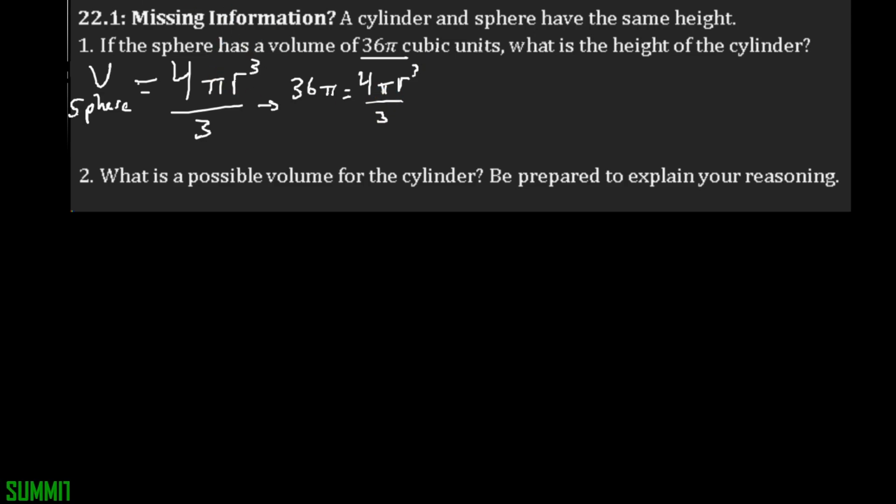First I can cancel out pi on both sides, and multiply both sides by 3 over 4 to get rid of that fraction. This gives 27 is equal to r cubed. To find the radius, I take the third root of both sides, and so r equals 3.